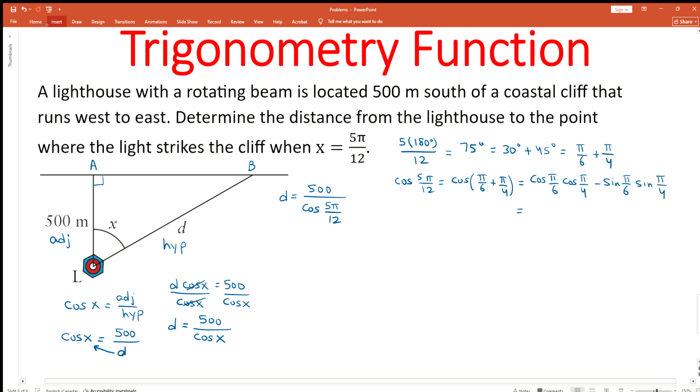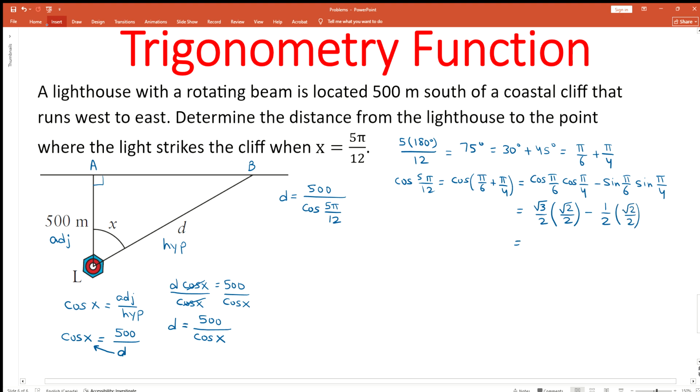As per the unit circle or the special triangles, cos pi over 6 is equal to square root 3 over 2. As per the unit circle or the special triangle for pi over 4, cos pi over 4 is equal to square root 2 over 2. Sin pi over 6 is equal to 1 over 2. And sin pi over 4 is equal to square root 2 over 2.